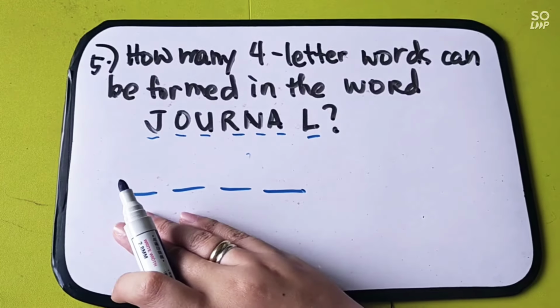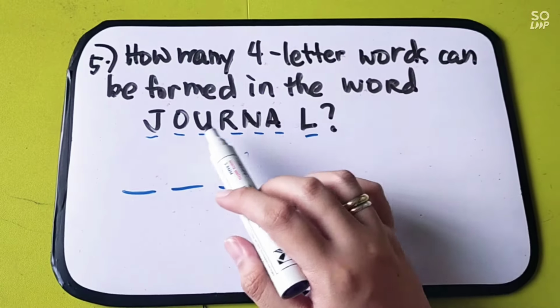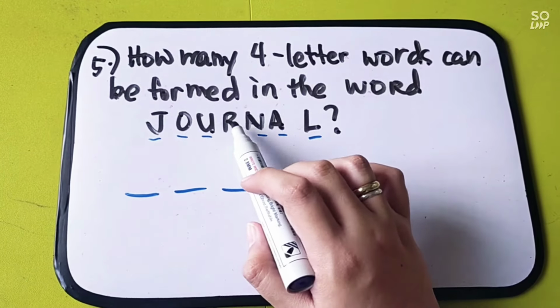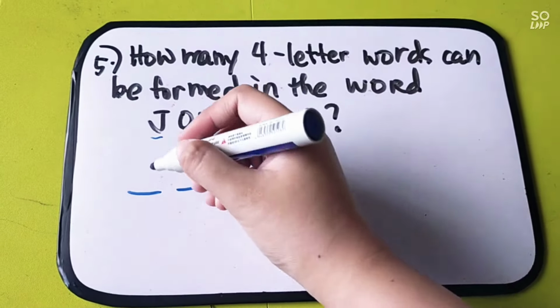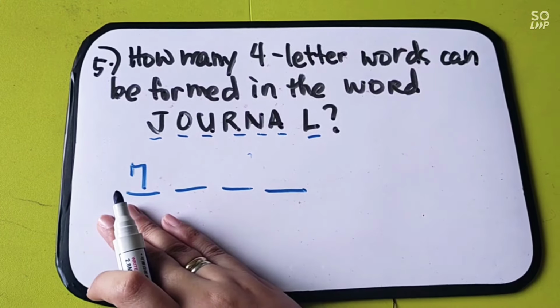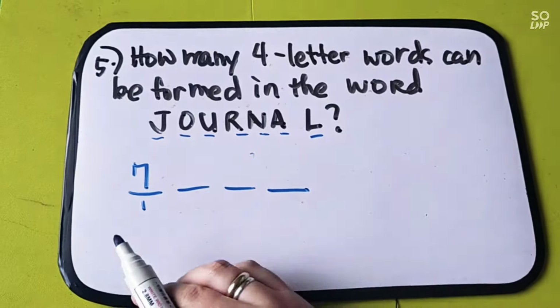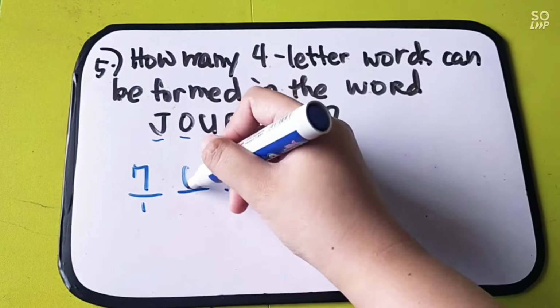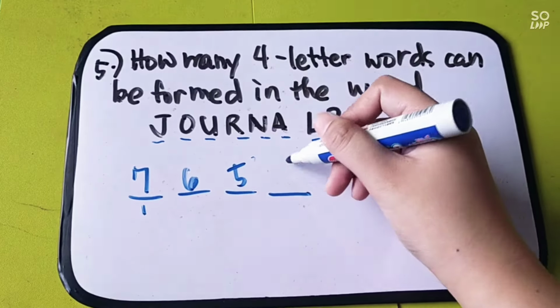So, dun sa una, let's count how many objects do we have in the word journal. 1, 2, 3, 4, 5, 6, 7. 7. So, start here with 7. Since meron ka na ditong unang letter, nabawasan na yung 7, naging 6 na lang. 6, then 5, then 4.